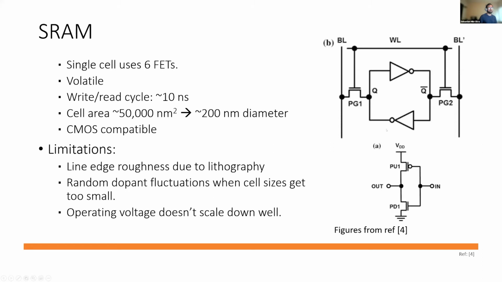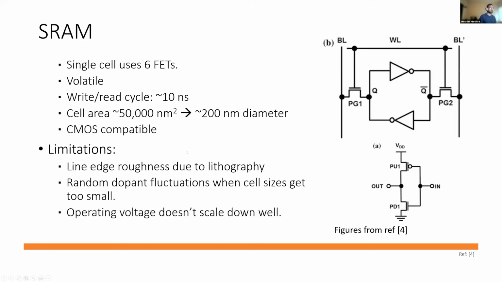There are also some problems related to the materials, where once you get to really small cell sizes, the dopant density, even for highly doped materials, is small enough that you end up with maybe an average number of dopants per cell of like 27. I think I saw some numbers that sit around that.